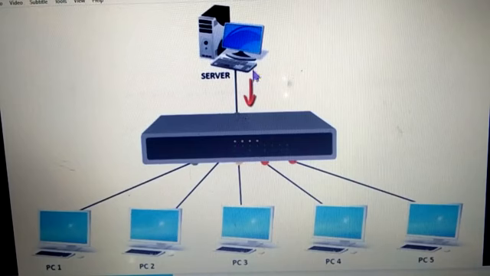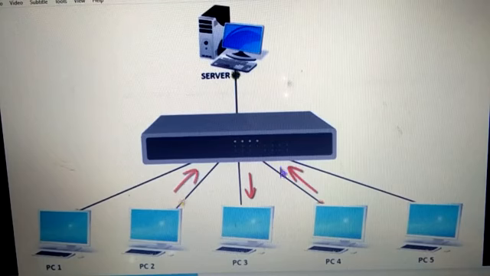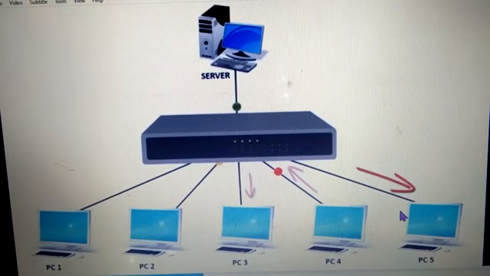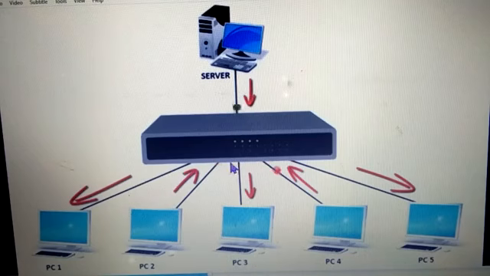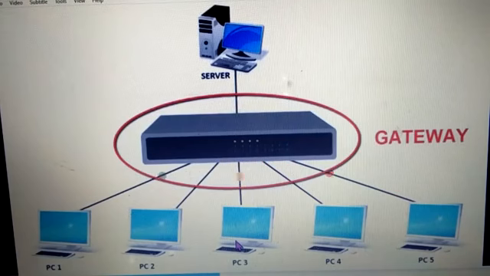So from server, information is going through here and it is going to PC1. Similarly, from PC2 it will go from switch to PC3. Again from PC4 the information is going from here till here. So here what is happening? This switch is acting as a gateway because there is an inflow of information and there is outflow of information. So this is gateway. Okay.